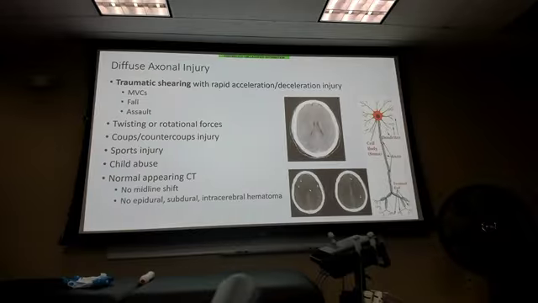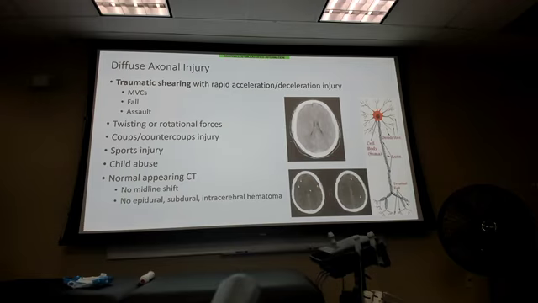Okay. All right, diffuse axonal injuries. These are a traumatic shearing of your axons. Okay, so this is your contrecoup injuries, twisting, rotational forces, child abuse, like shaken baby syndrome. Okay, your CT may appear normal. Okay, you might not have any bleeding, any midline shift, nothing.